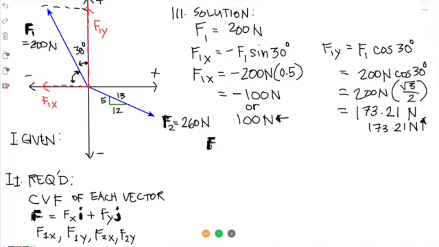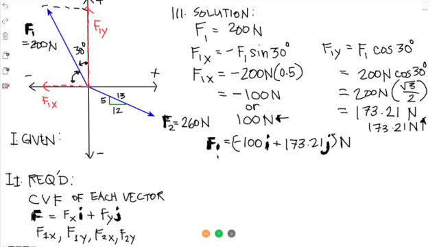So f1 is equal to negative 100 i plus 173.21 j, so I will enclose this in parentheses and write the unit newtons.